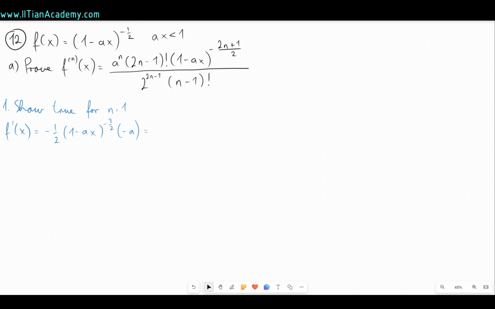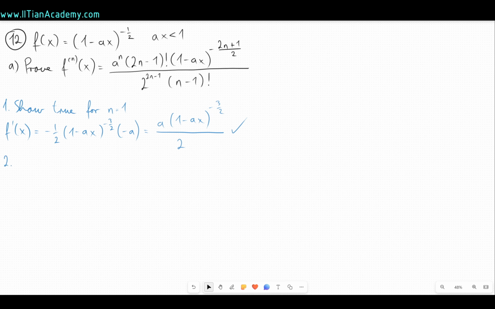So that would be a to the 1, so 1a. And then 2 minus 1 factorial is just 1. And then we have 1 minus ax to the power of minus 3 over 2, and it's all divided by 2. So indeed, we see that these two are equal, so it is true for n equals 1.